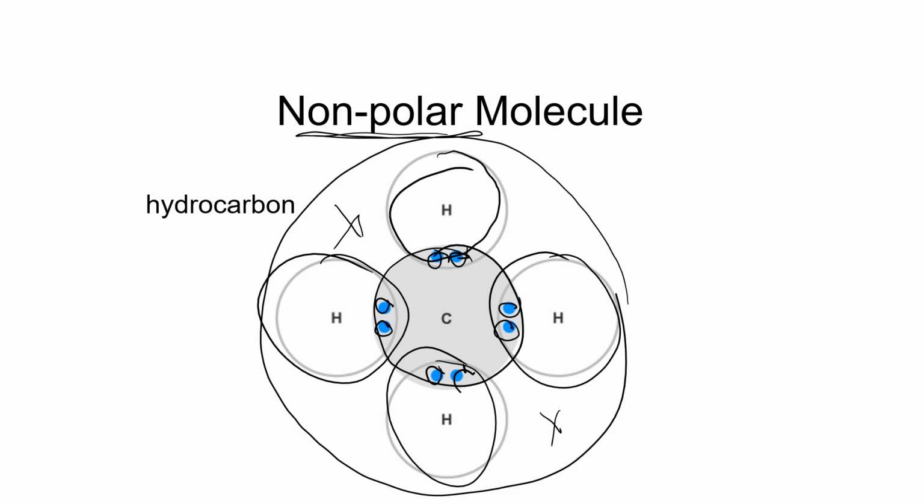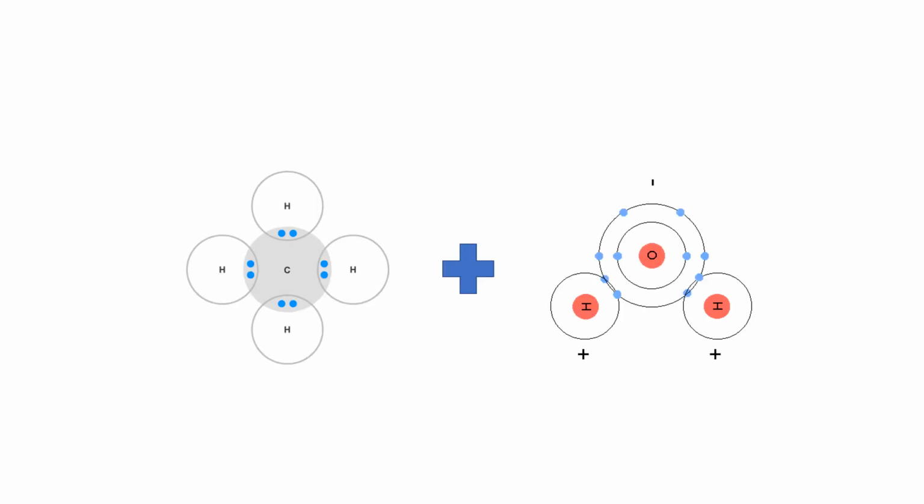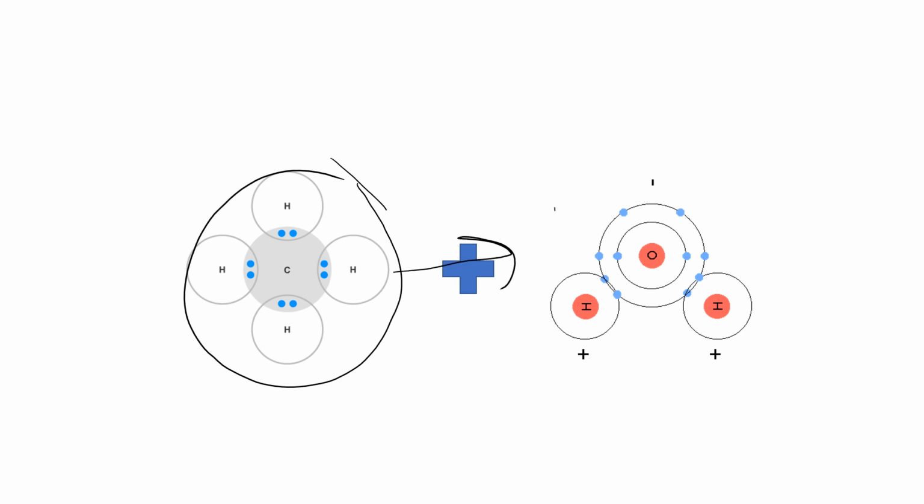Now what you have to ask is what would happen if you took a nonpolar hydrocarbon and tried to combine it with water. What would happen if you took any molecule that was nonpolar, didn't have a positive and a negative side, and tried to combine it with water? What you would ultimately find out is that they would repel one another. Okay, so what I'm showing you is trying to combine a hydrocarbon and putting that hydrocarbon next to a water molecule.